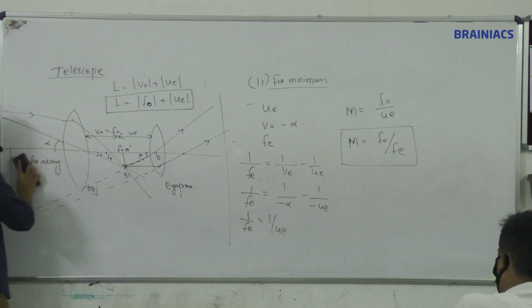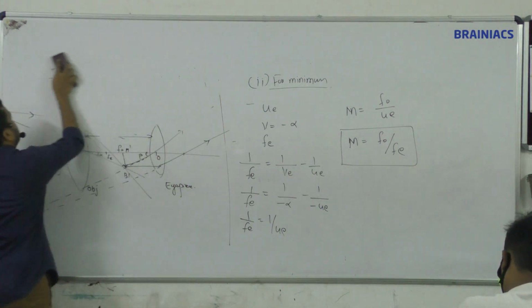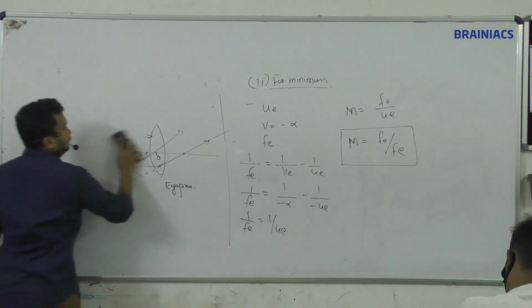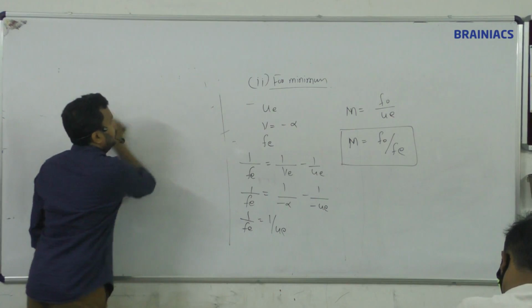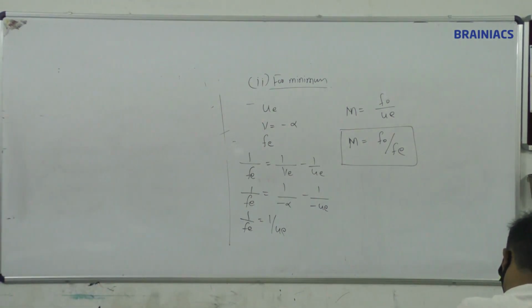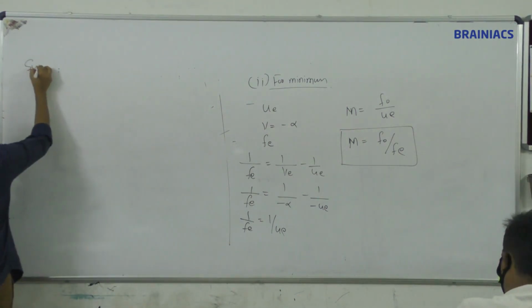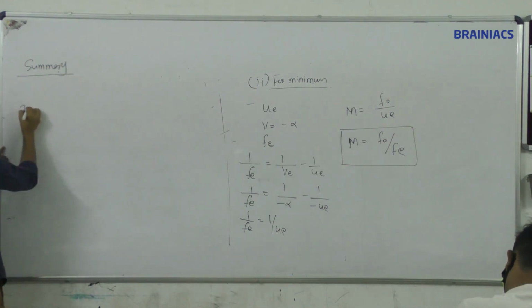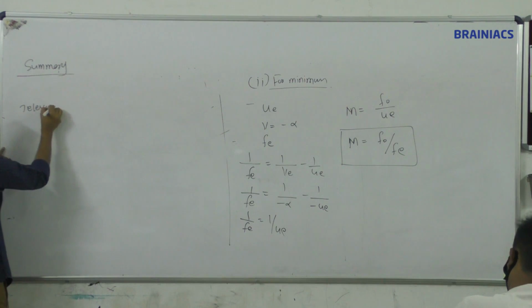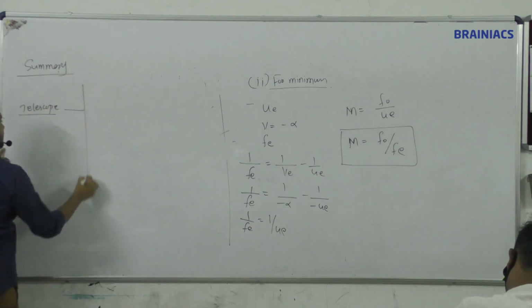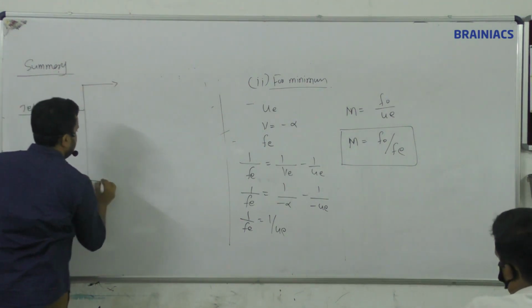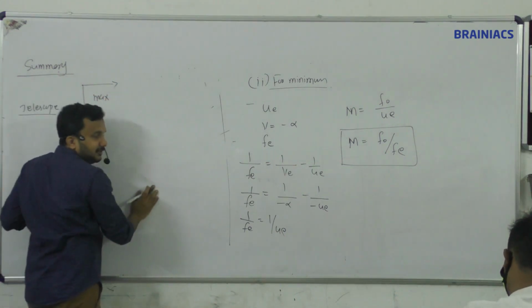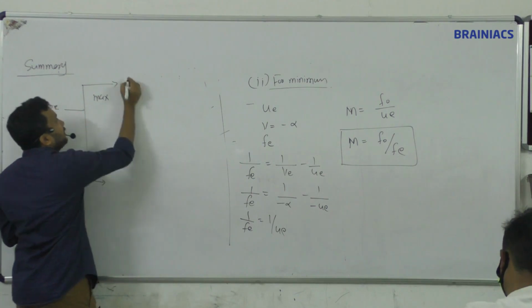Clear? Summary. Telescope, maximum magnification and minimum magnification. Tell me, what is maximum?